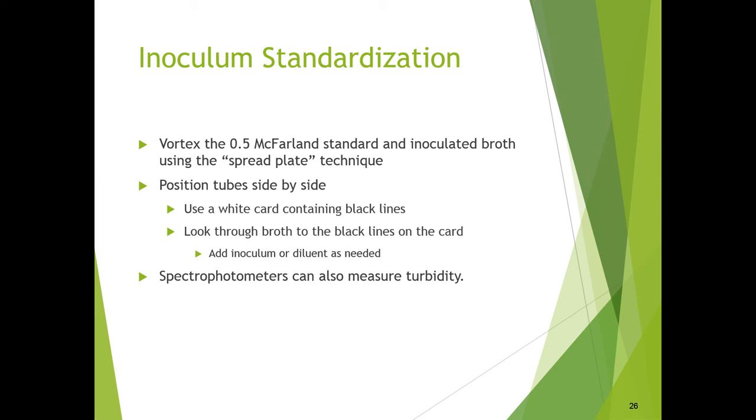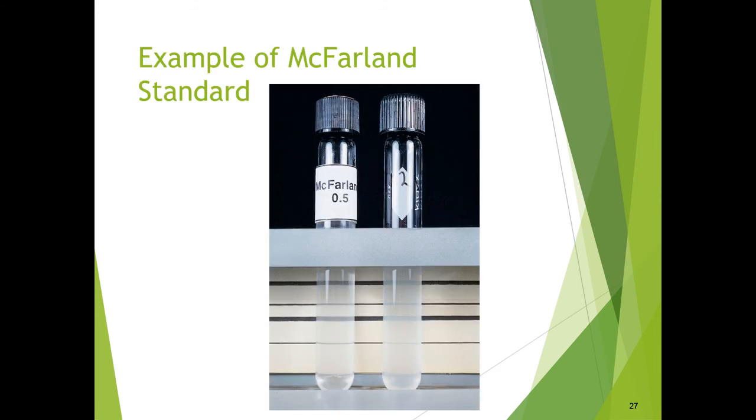So once you prepare your standard, you're going to vortex your 0.5 McFarland and prepare a spread plate. You can compare your McFarland standard by holding up a piece of notebook paper that has lines on it, and compare that with your standard to see if your turbidity is matching. You can also use a spectrophotometer, but we're not going to do that in our lab. So here's an example of the McFarland standard.